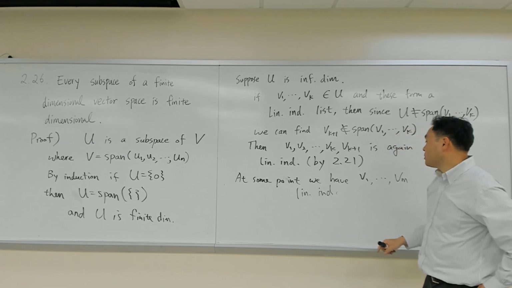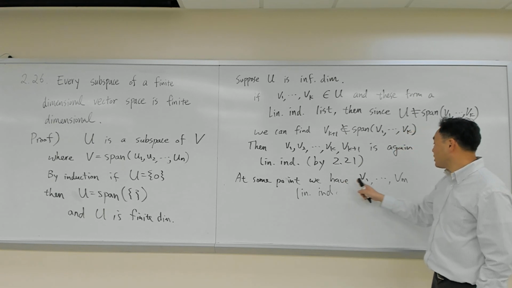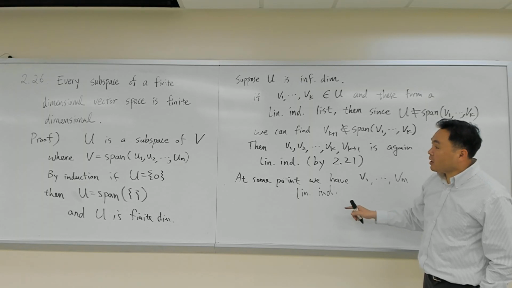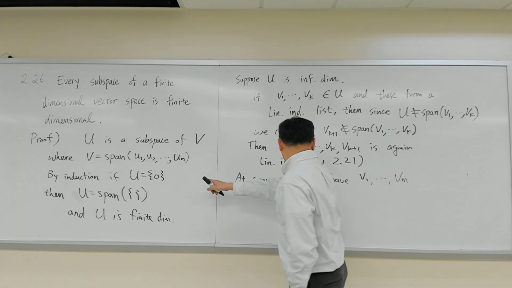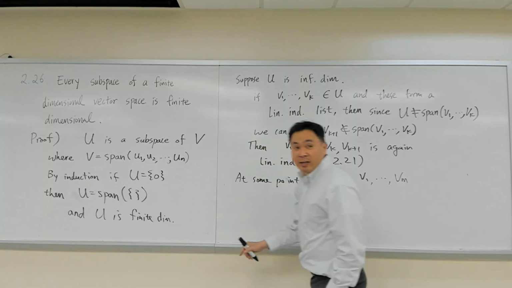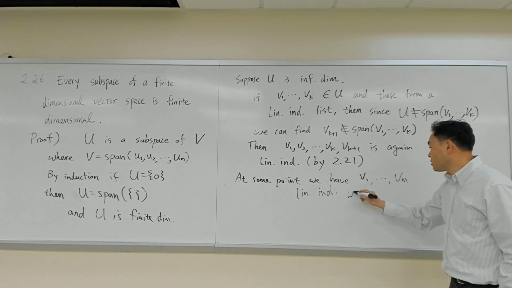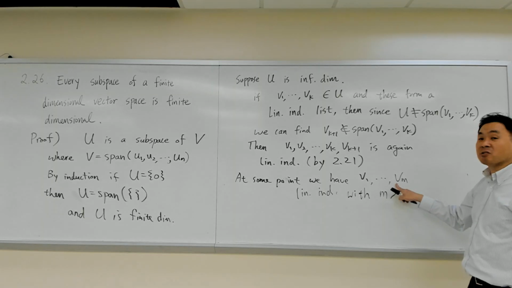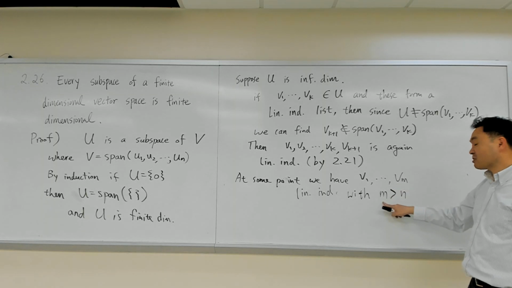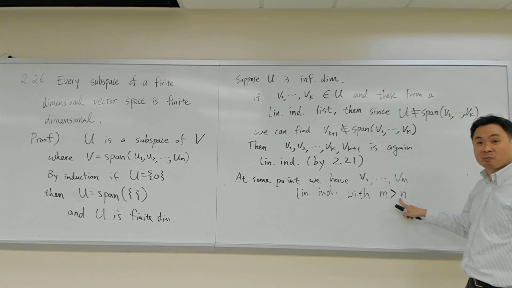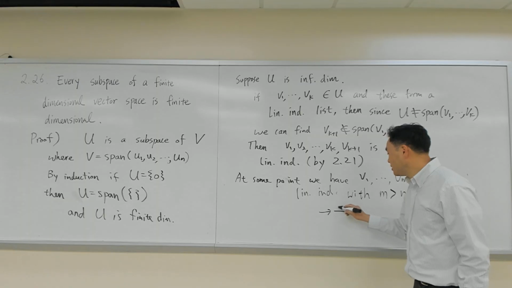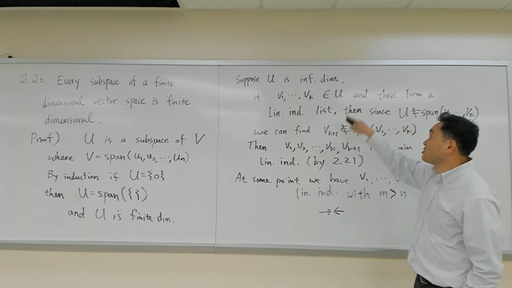So at some point we have v1 through vm linearly independent, and that m would be bigger than n, right? With m bigger than n. But you have a linearly independent list that's bigger than the length of the spanning list, right? So that's a contradiction. That contradiction proves that this must be finite.